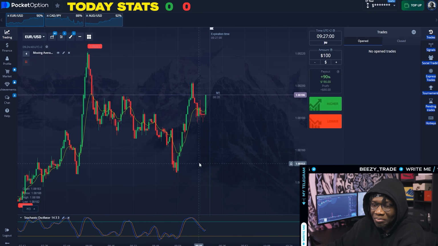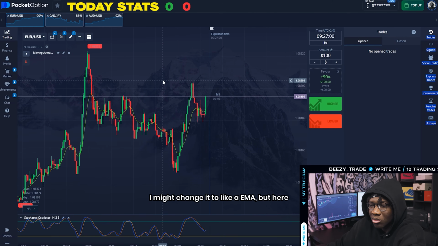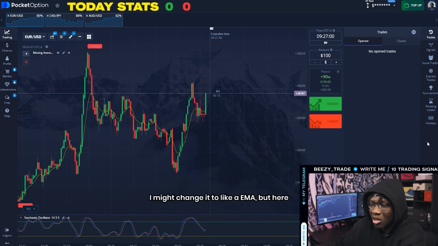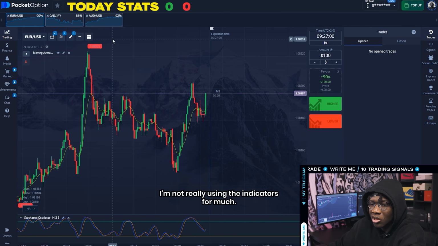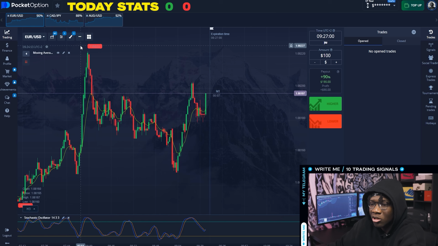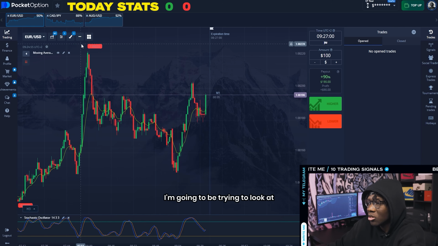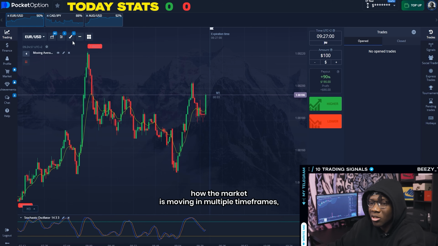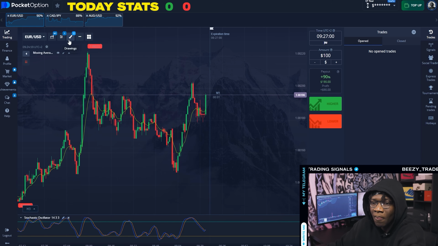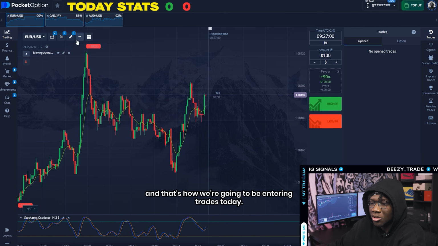So I'm using a regular moving average. I might change it to like an EMA, but here I'm not really using the indicators for much. Here I'm going to be trying to look at how the market is moving in multiple time frames, and that's how we're going to be entering trades today.